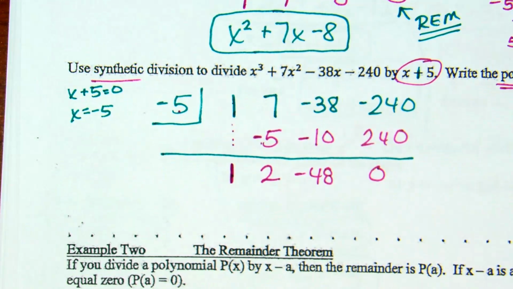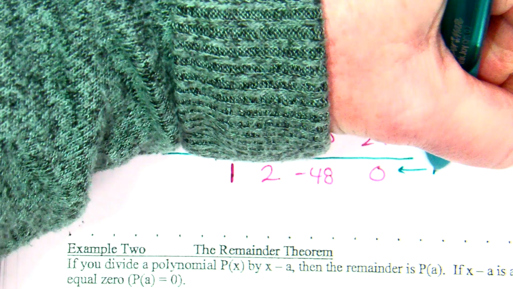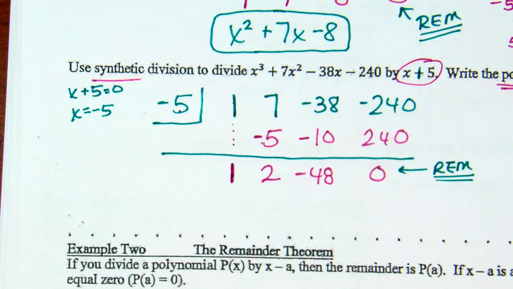Again, what is that 0? Remainder. Okay, now, if they want me to write this in factored form, the remainder better be 0, or I can't factor. Okay? Because if the remainder is 0, that's what tells me something is a factor.